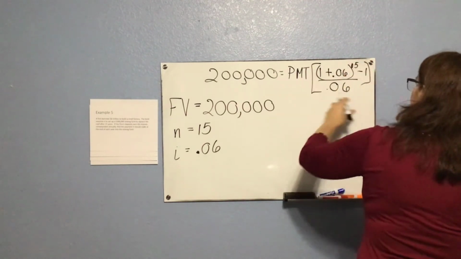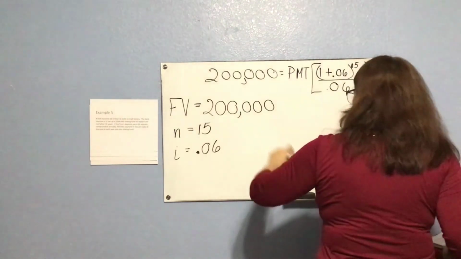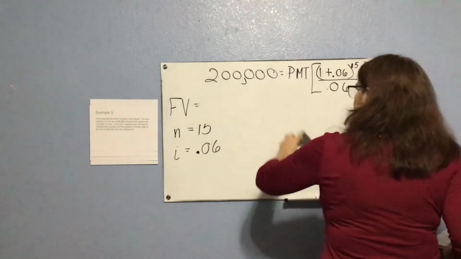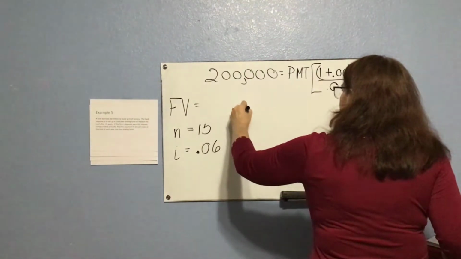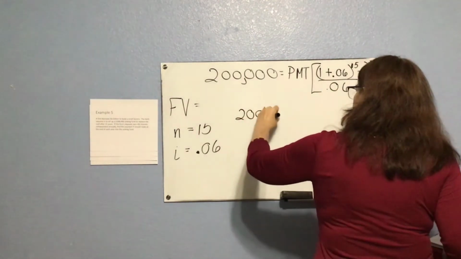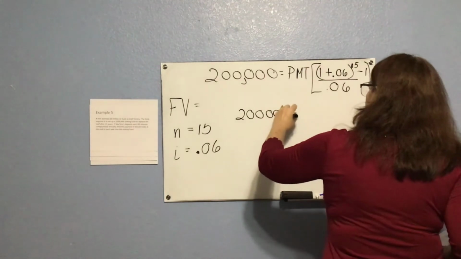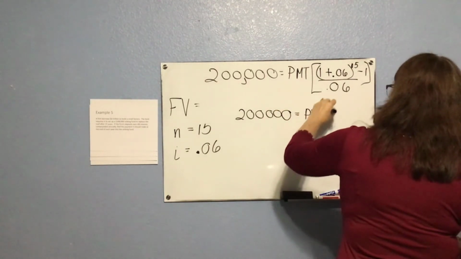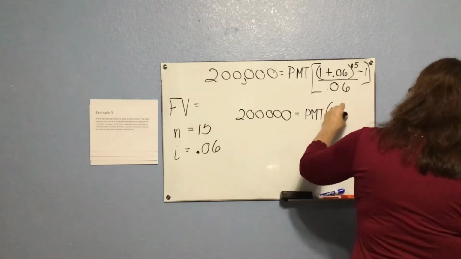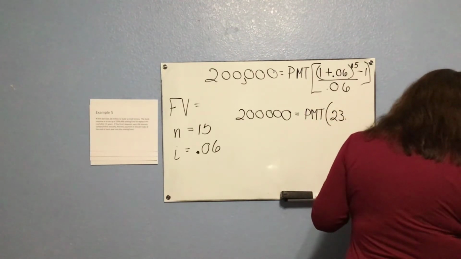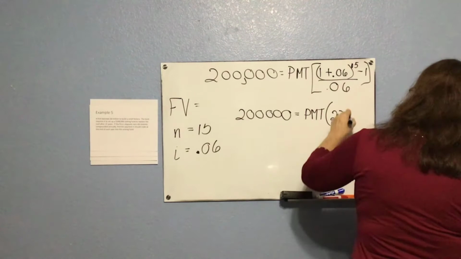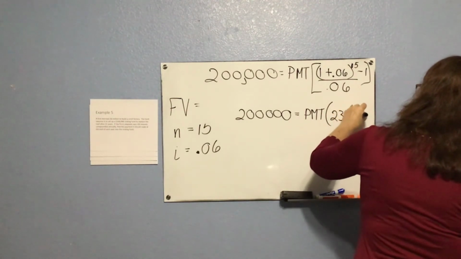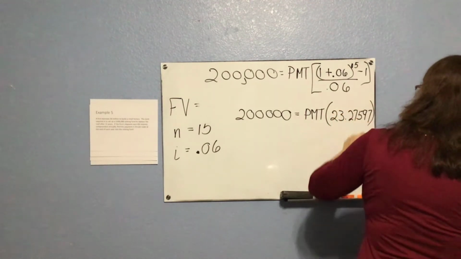So if I work everything inside the brackets, I end up with $200,000 is equal to the payment times 23.27597.